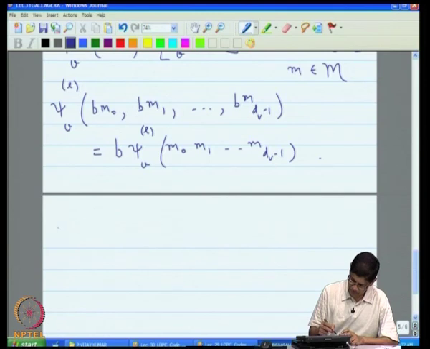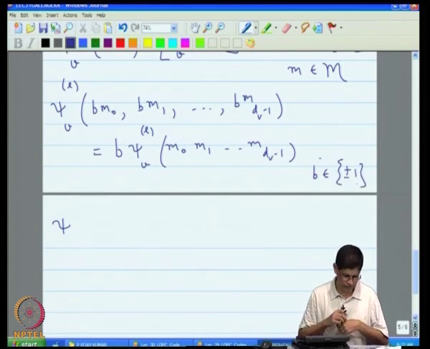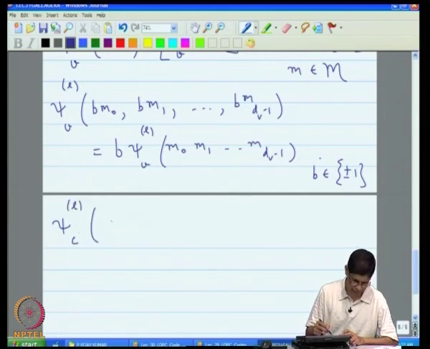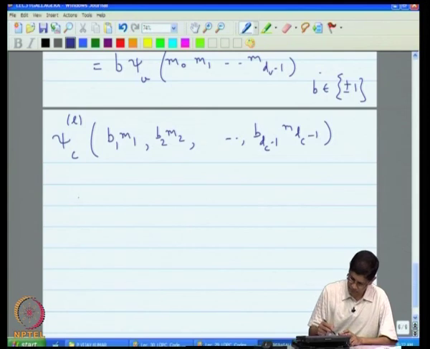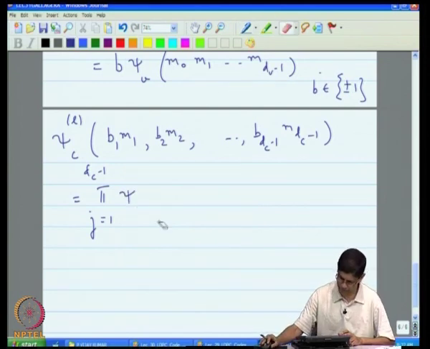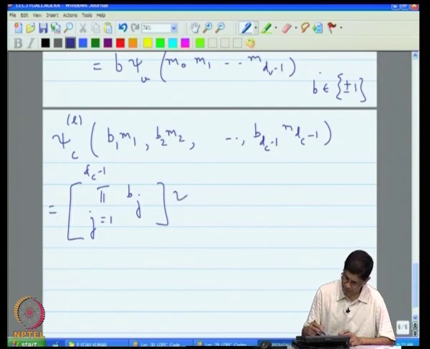At a check node, we will assume that the property that satisfies that again here b is plus or minus 1. At a check node, we will assume that psi c l of b 1 m 1, b 2 m 2, ..., b d c minus 1 m d c minus 1 is equal to the product j is equal to 1 to d c minus 1 of the b sub j times psi sub c of l of m 1, m 2, ..., m d c minus 1.